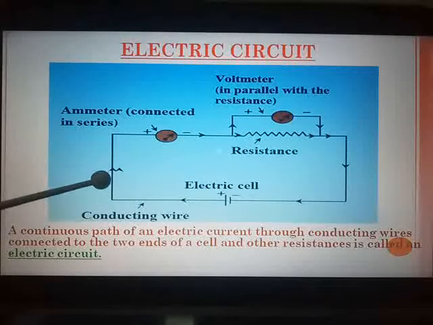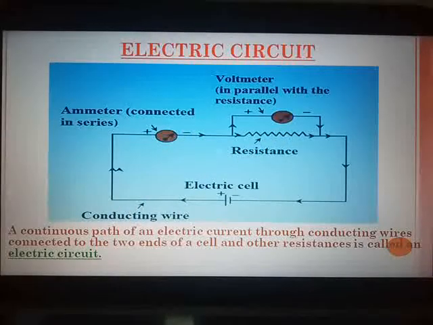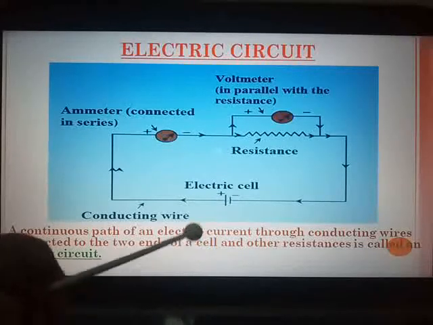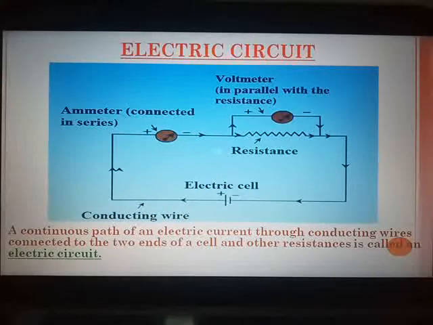You can see these arrows; they denote the direction of flow of current. So what is an electric circuit? A continuous path of an electric current through conducting wires connected to the two ends of a cell and other resistances is called an electric circuit.